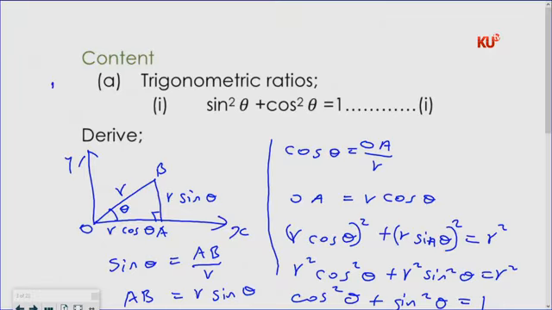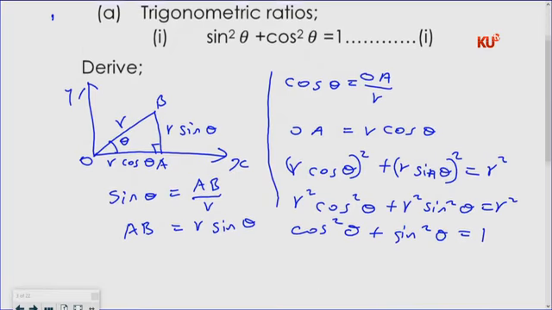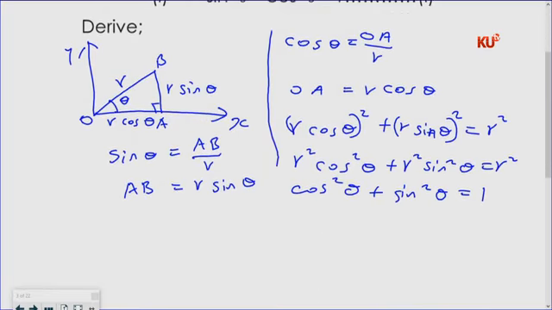Because we have divided each term by r squared. Of course if I divide here by r squared, this r squared will cancel out. Same to this one, this will cancel out. If I divide r squared by r squared, of course I'll get 1. So this is our first identity in Form 4 that we shall be looking at.